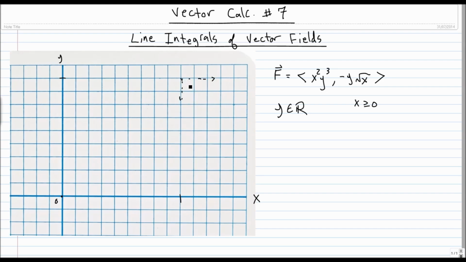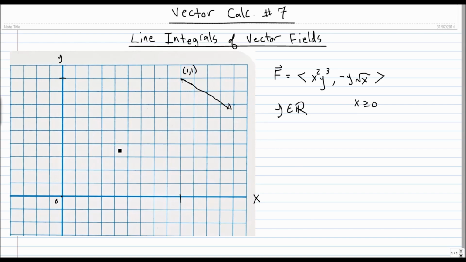Okay, so I don't have enough space here to draw it to scale, but let's just say that it looks something like this. Okay, and its length would be root 2. It would go 1 in the x direction and negative 1 in the y direction. Okay, so that would be at the point 1, 1. And this is some scaled version of f at that point, because I don't have enough room here to extend it all the way down here.